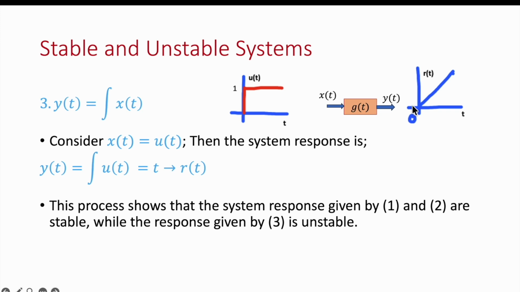So the system is an unstable system. In the previous examples 1 and 2, we have seen that the systems are stable, but in this third example you can see that the system is an unstable system.